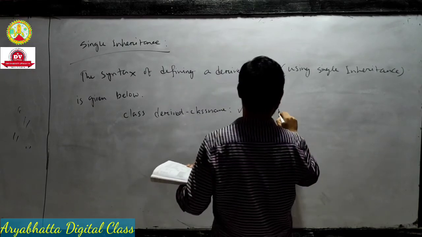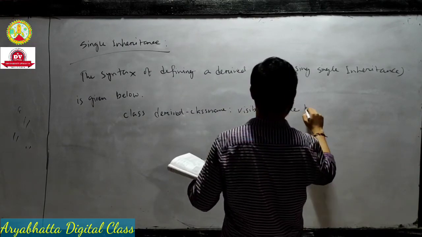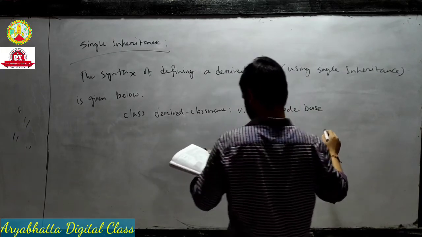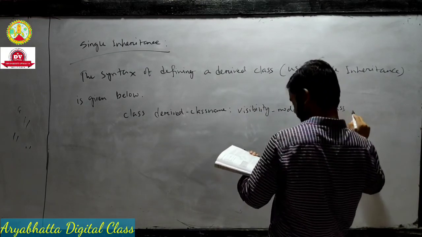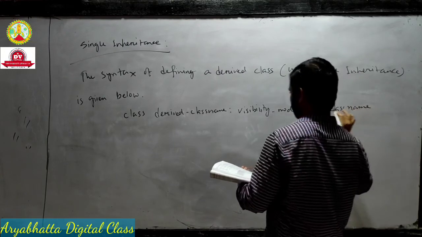Visibility mode, you know, public or protected. Visibility mode in inheritance is very important because one class is derived from another.